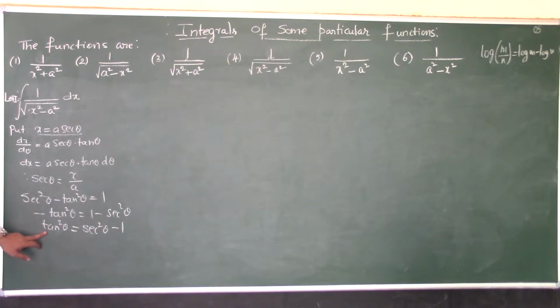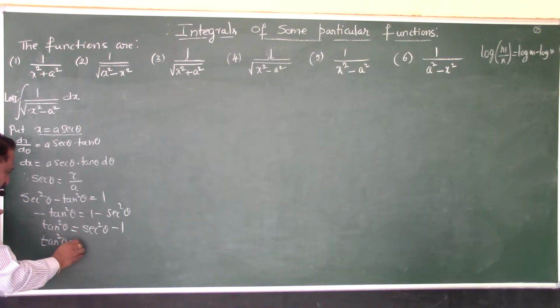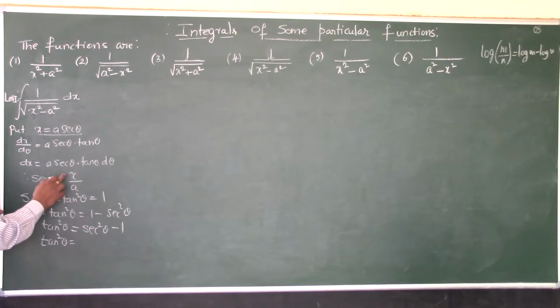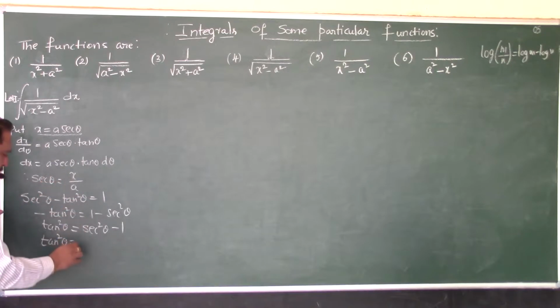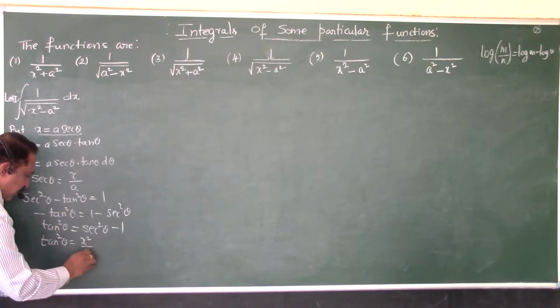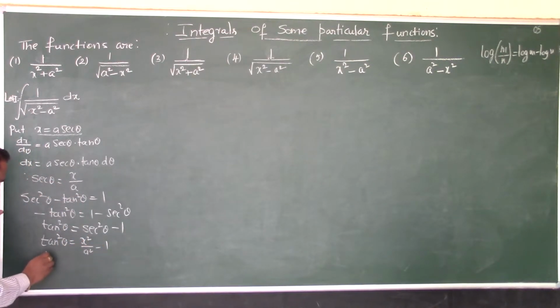This is a standard trigonometric identity which we already know. Therefore, tan square theta equals secant square theta, which is x square by a square, because secant theta is x by a. So it is x square by a square minus 1.